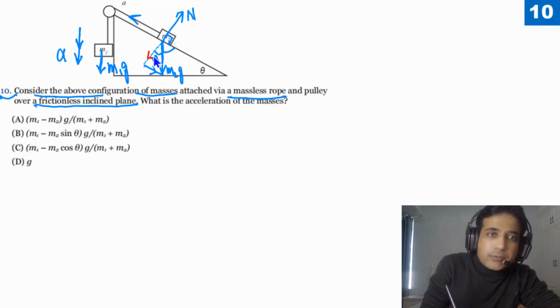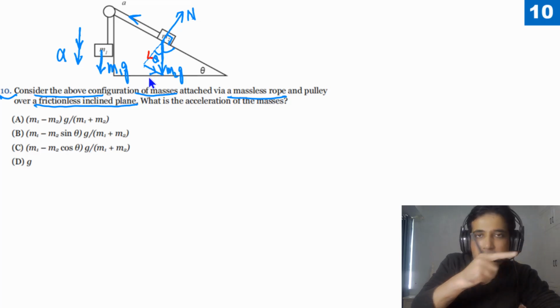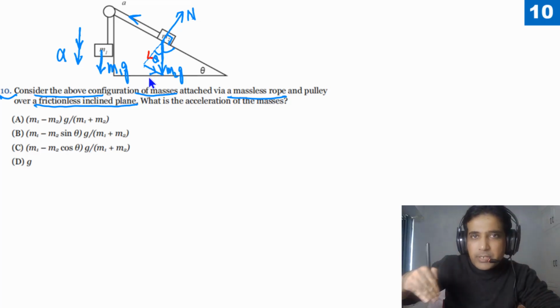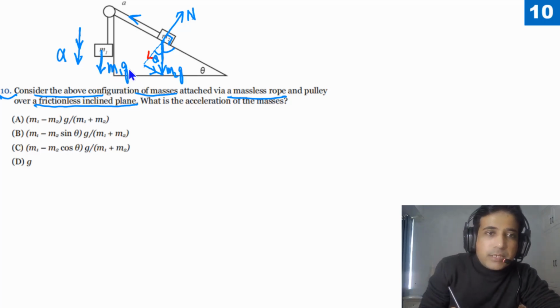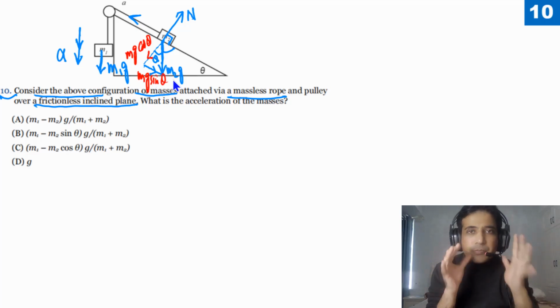The other component of the weight is acting along the plane, downwards. We can simply say this is mg cos theta, and this component will be mg sin theta. This is a typical question, so you need to understand how to answer this type of problem.